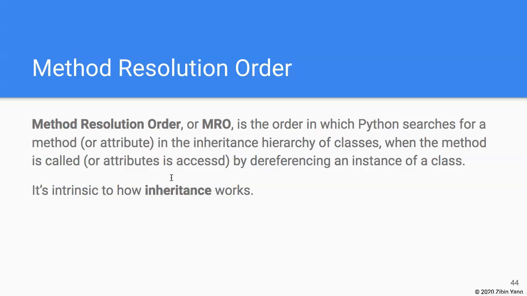And as we just saw, it is very intrinsic to how inheritance works. Now, since we have been using inheritance a lot, we've been using MRO all this time without necessarily knowing that it is there. So now it's the time to study it because it is an important topic.